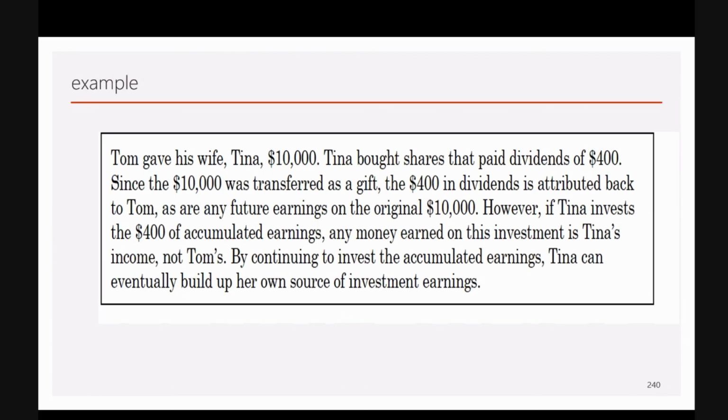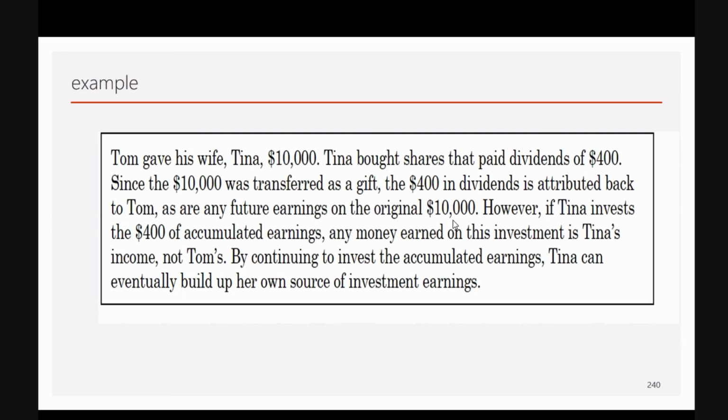So it's not endless, not cumulative. The accumulated earning is Tina's, not Tom's. Only income from the 10,000 goes back to Tom.